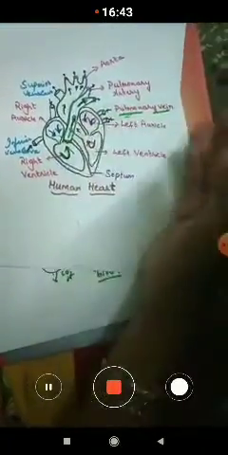So this pulmonary vein, what does it carry? It carries oxygenated blood, and this oxygenated blood is passed on to the next chamber, that is the left side of the heart, the left auricle.